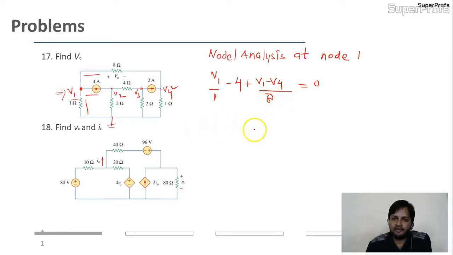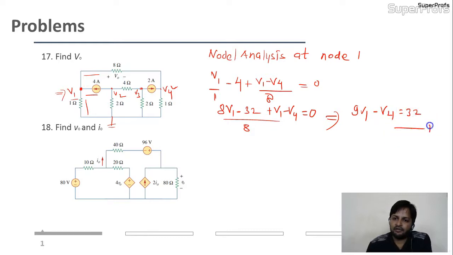We can simplify this. Take LCM 8. This is 8V1 minus 32 plus V1 minus V4 equal to 0. Again we can simplify: 9V1 minus V4 equal to 32. This is equation 1. Now come to the V4 now. Directly come to the V4.